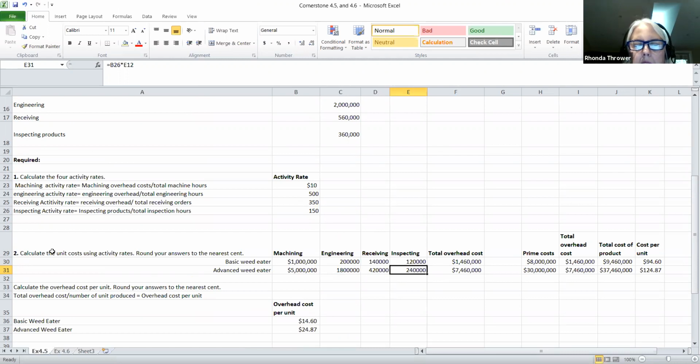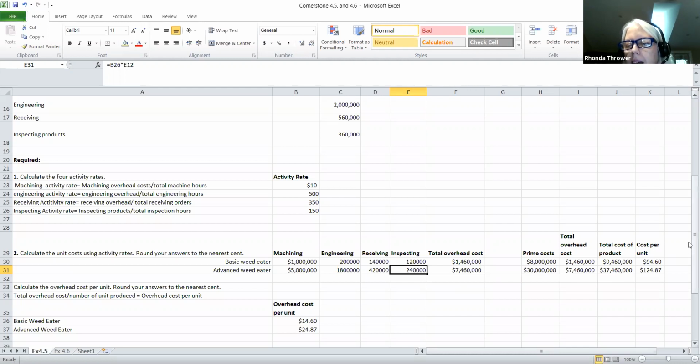The problem again is asking you for the total unit cost. This is just for the overhead portion of the cost. We have to add the overhead cost and the prime cost together, which was your direct materials and your direct labor, to get your total cost of the product. The total cost of the advanced weed eaters was $37,460,000.